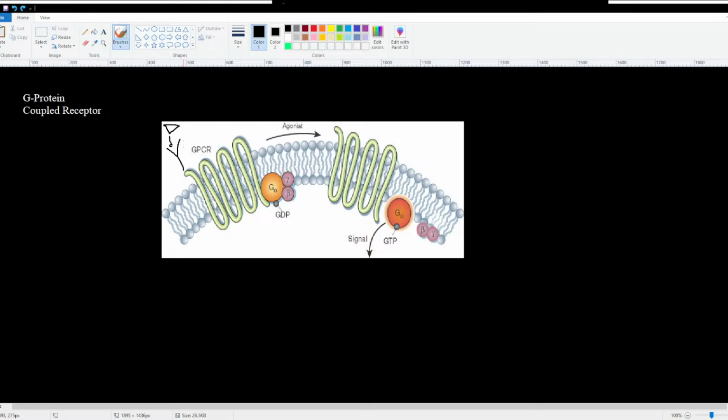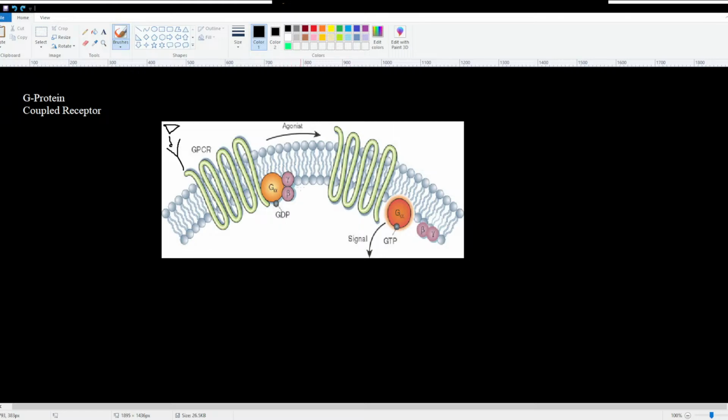Once this signal has come in, this beta gamma unit is going to release, and GTP is going to be bound. But anyway, they go in tandem. These two portions of the protein are going to separate after GTP has been attached.